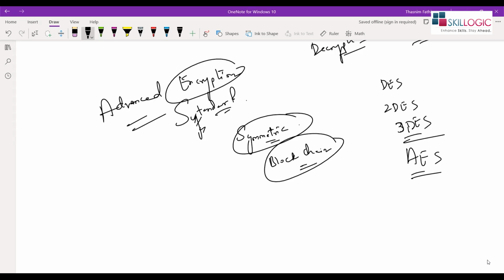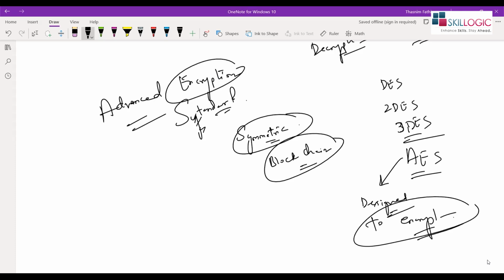They are designed to encrypt a sequence of data elements. The main difference between AES and DES is that both are symmetric cryptographic algorithms, but in DES the key bits are low.